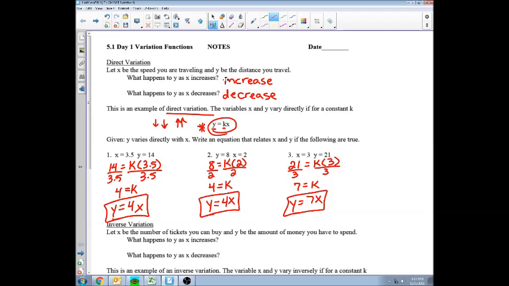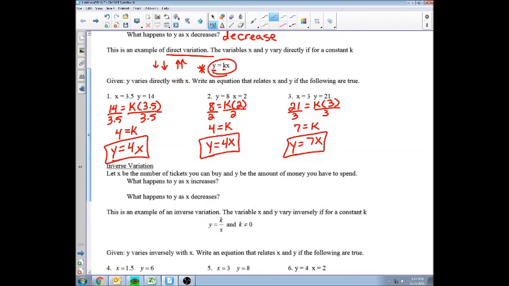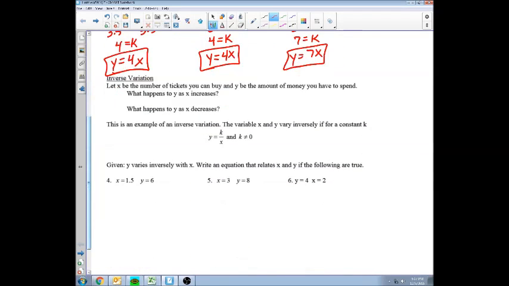It's going to give us our y and x values, and then we need to find our k value and then plug our k back into our formula in order to find an equation that we could use at a later time with different x and y values to solve for the opposite variable. Okay?